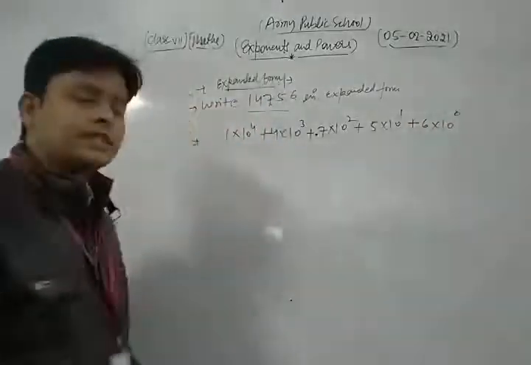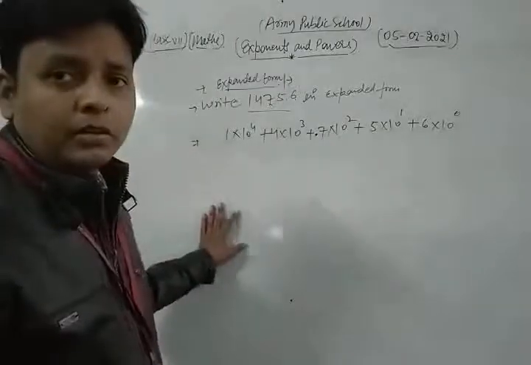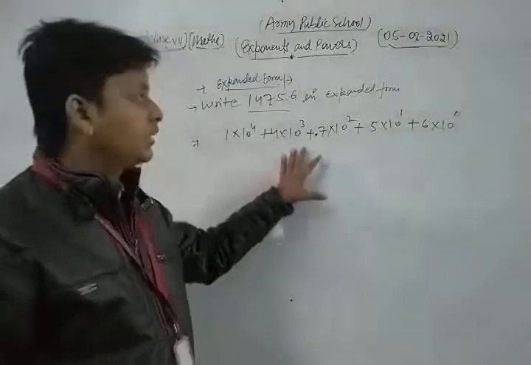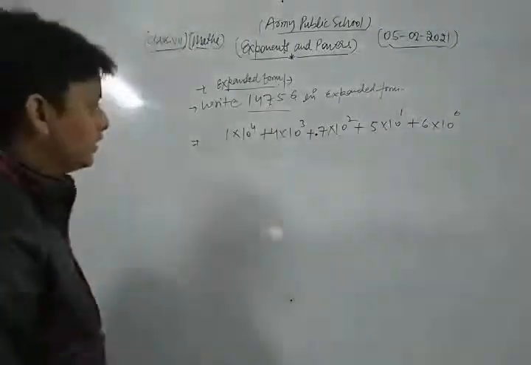This type of representation of any number is known as expanded form. If we simplify them, then we get the same result, 14,756. Right, in this way.